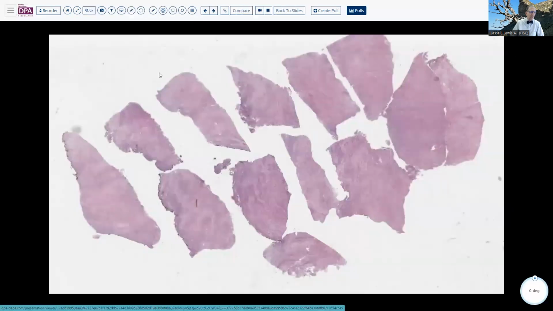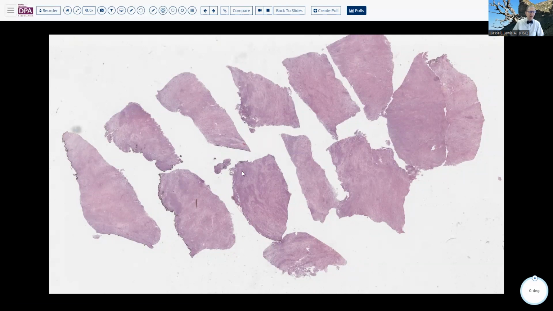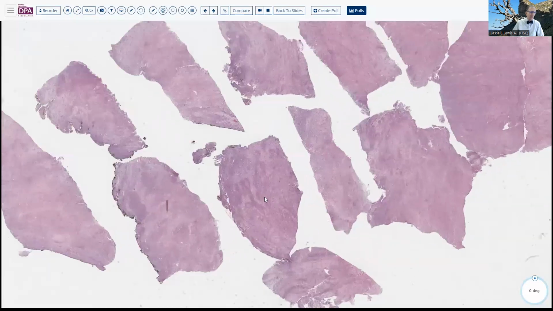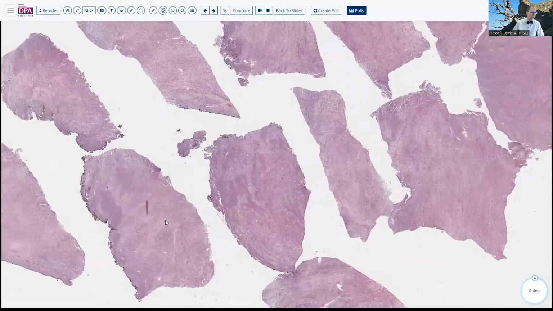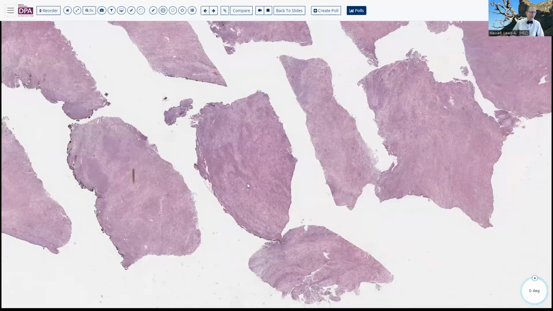So we received some biopsy samples, and as you can see here, it's all fairly homogeneous, but some variability in staining without any evident epithelial structures and so forth.